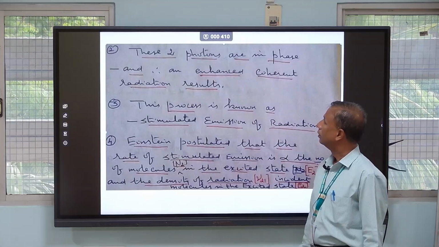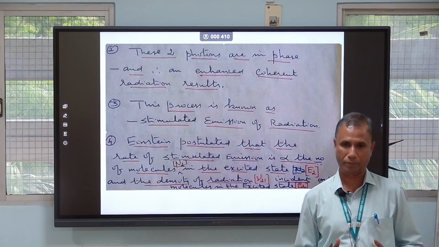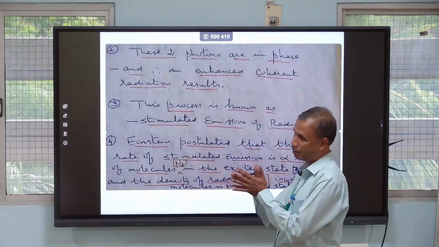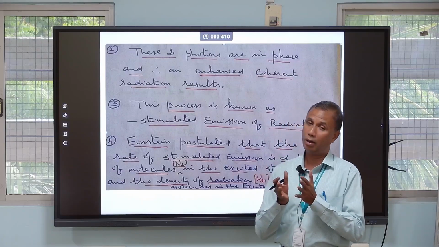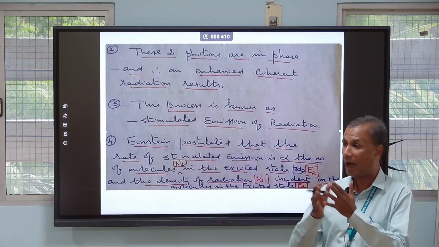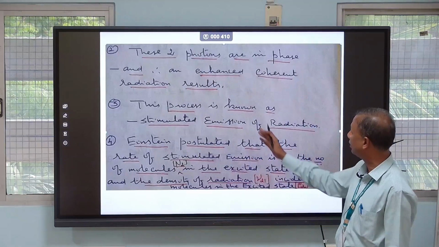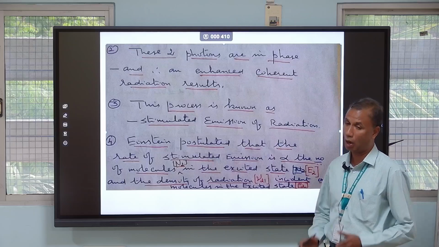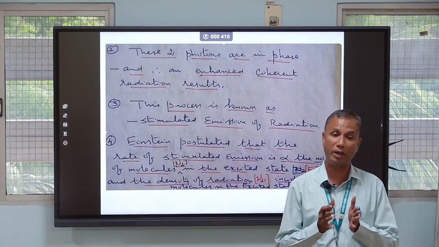These two photons are in the same phase, and the photon has higher energy. So the two photons are in the same phase and an enhanced coherent radiation results. Now the intensity of radiation is very, very high.